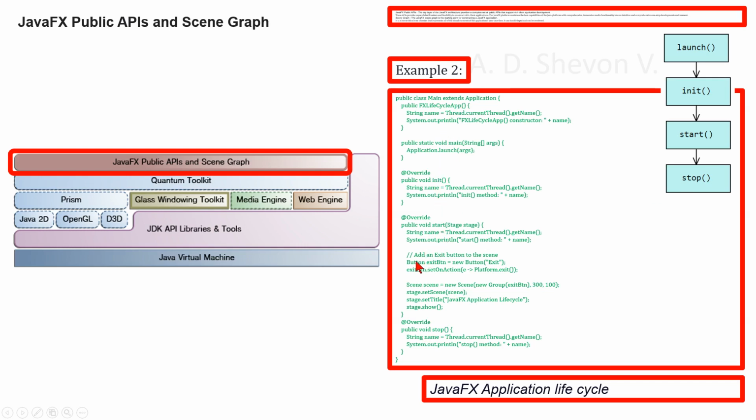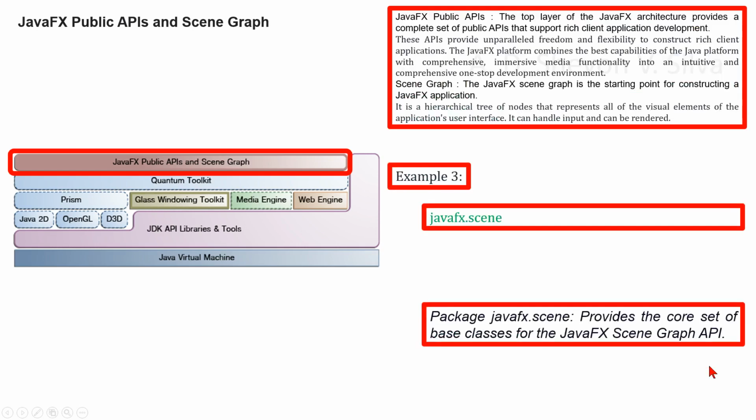Here you can see how to add an exit button to the scene. As an example 3, we can consider the javafx.scene package.